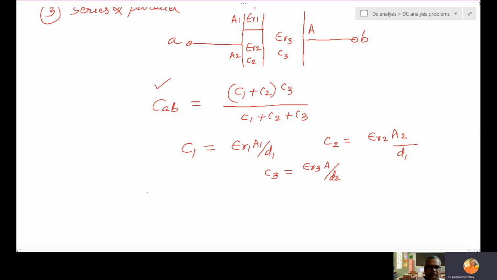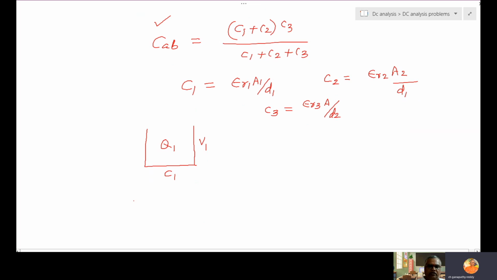See, any capacitor, one important concept. It has quantity of water Q1, bucket width C1, water level V1. What is the energy? E1 is half C1 V1 square. Now I am increasing the value of C2.